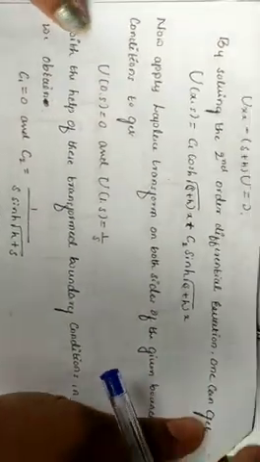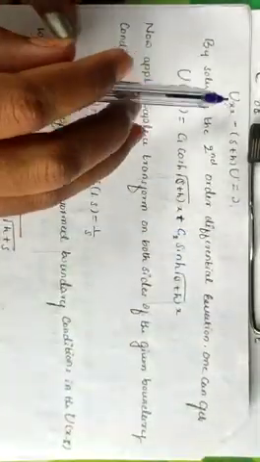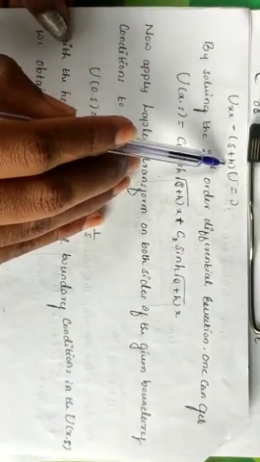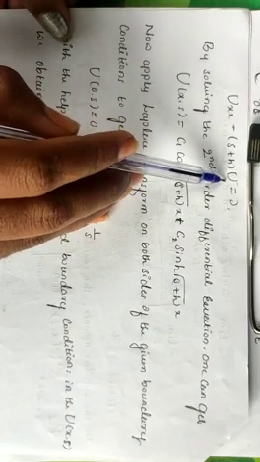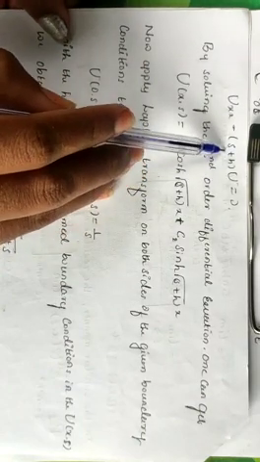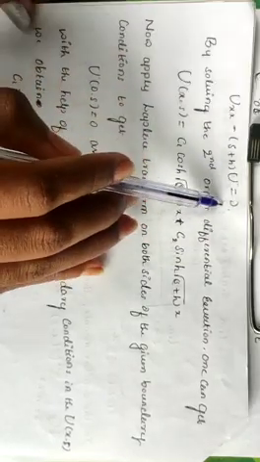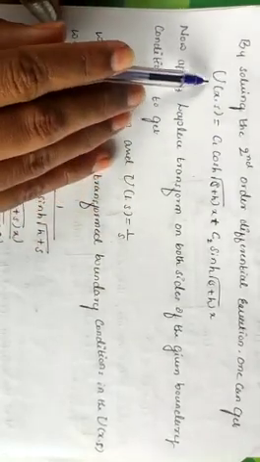Here U is common, so we take U outside, and the remaining is minus (h + s). So the equation can be represented as d²U/dx² − (s + h) U = 0.